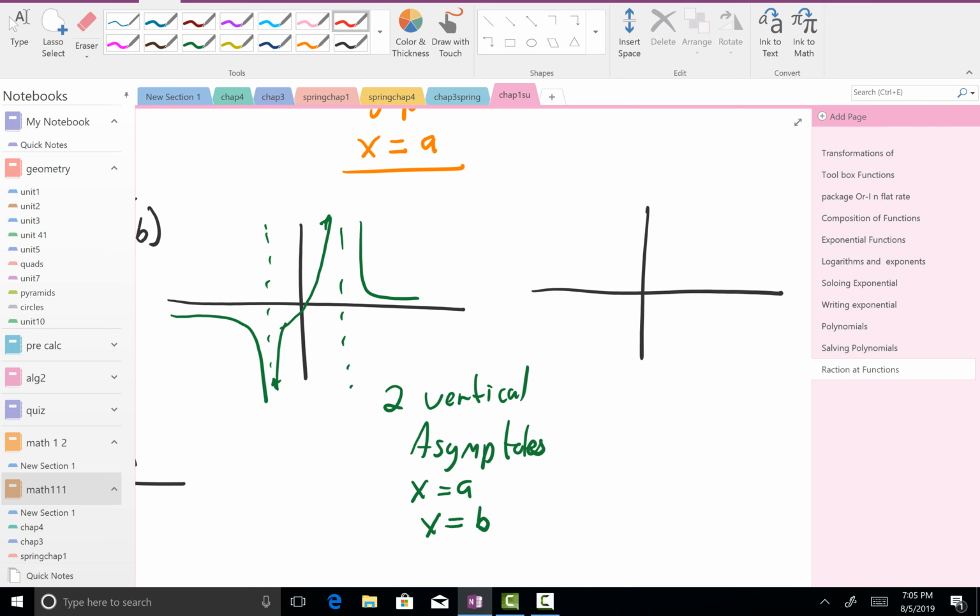But there's a possibility that this graph could look like this, and we would have 1 vertical asymptote.